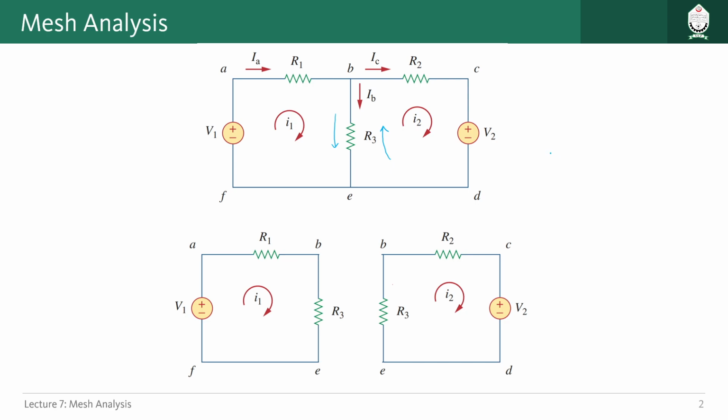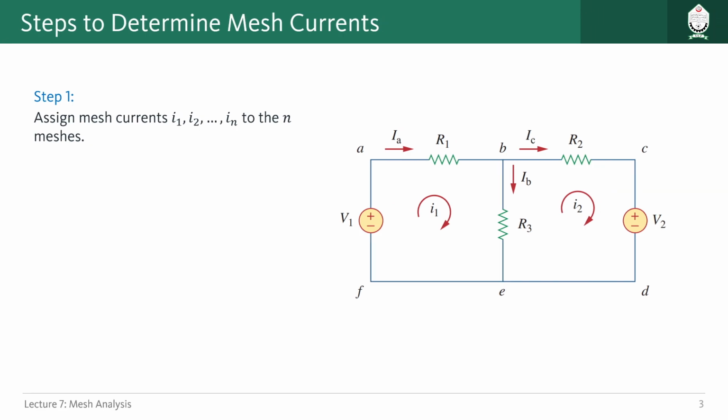So we can actually say that the branch current IB, which is going through our resistor R3, can be written as I1 minus I2. Okay, so this is the combination of both mesh currents, which is constituting the total branch current for this resistor R3. So in this way branch currents are related to mesh current, but what we have to do for this analysis is measure the mesh currents for each of the meshes we have, so that we can solve the circuit.